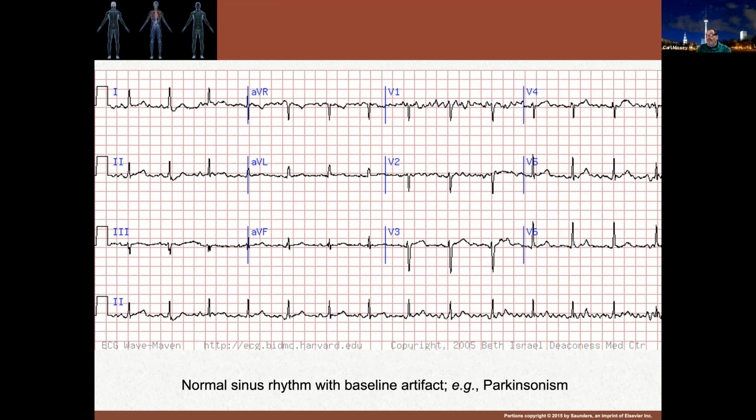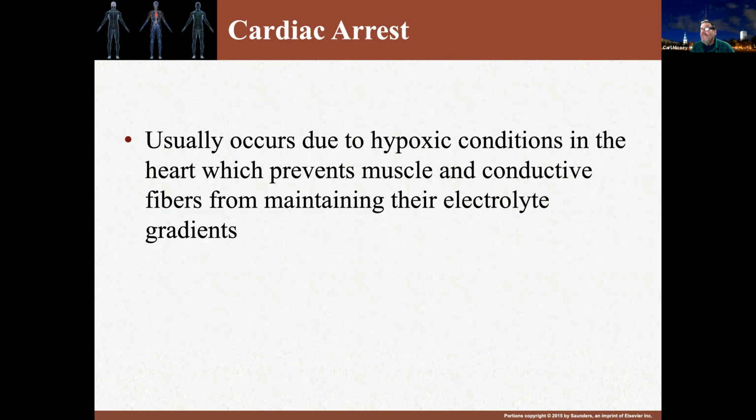This is a normal sinus rhythm with what it says, a baseline artifact. And the baseline artifact in this case is the fact that the patient is a Parkinsonian and has an underlying tremor, and it's that underlying tremor which is causing the baseline artifact.